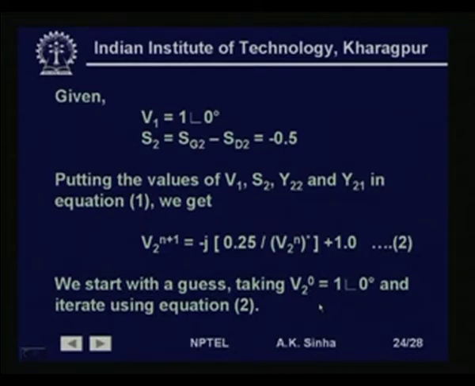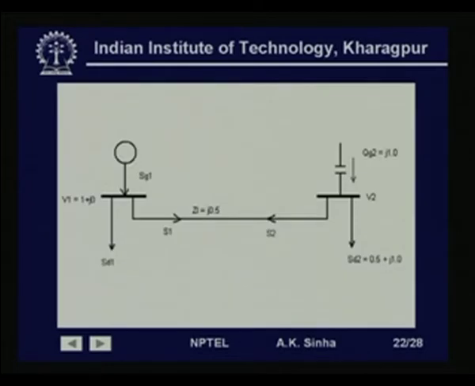So, we start with V1, which we know is 1 angle 0. S2 is SG2 minus SD2. SG2 is j1.0, and SD2 is 0.5 plus j1.0.